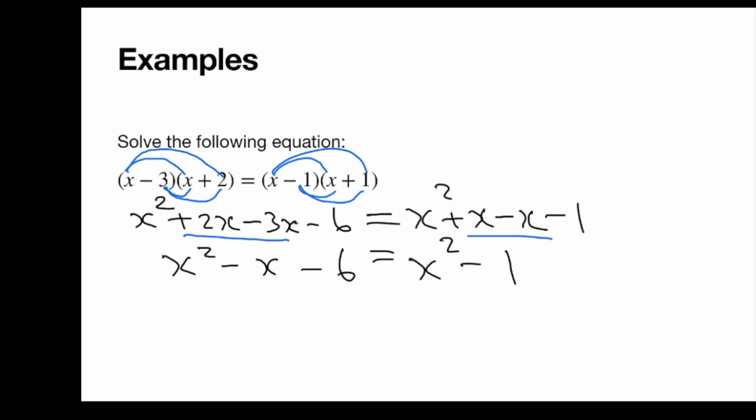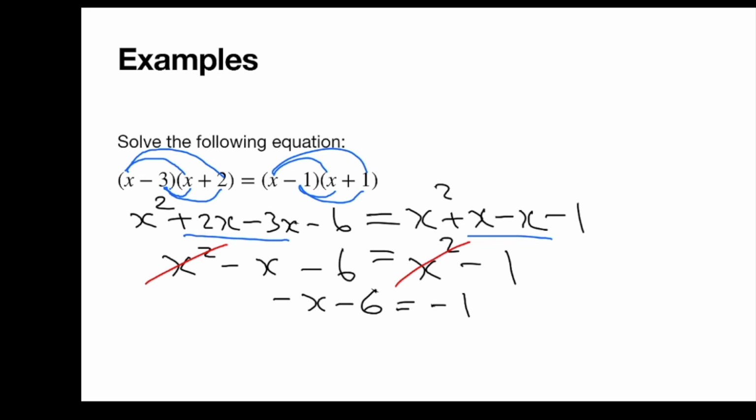So if we bring them together, they will actually minus each other and give you a 0, which is why we don't have to waste our time. You can actually just cross them out like that, which means when they come together to one side of the equal sign, they will give us 0 anyway. So what we end up with is negative x minus 6 is equal to minus 1.